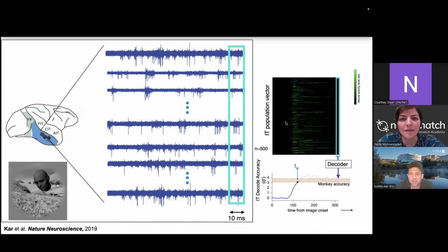I don't think it will be possible to explain here how the decoder works in full, but you can think of the decoder like this. Can you see my screen? I'm trying to draw here. Let's say these are some neurons, and I will join these neurons with some weights to some node, and let's call that a face node, and let's join another node and call that a dog node.